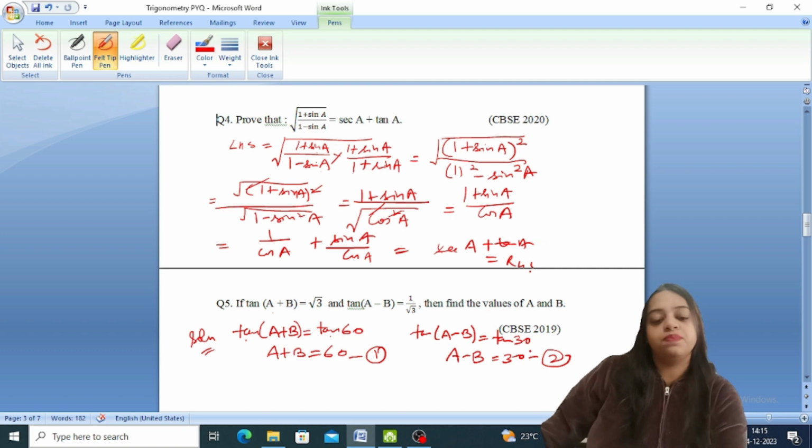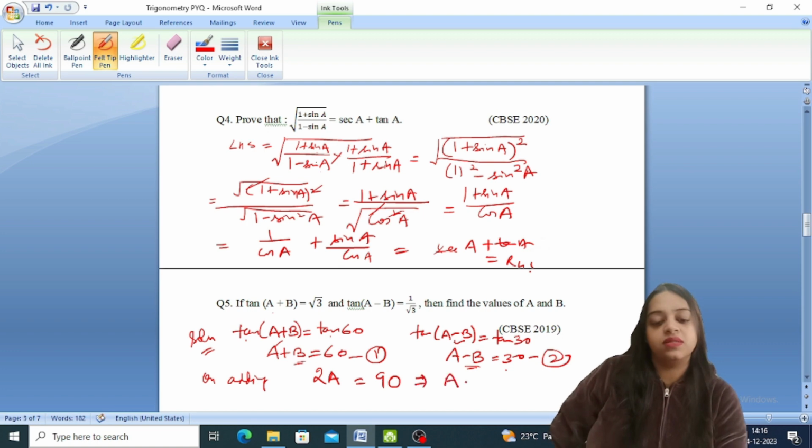You see it's plus b in equation 1 here, and it's minus b in equation number 2. So on adding both the equations, what we will get? This a plus a will become 2a. This plus b will cancel with minus b, and this is equal to 60 plus 30, which is 90.